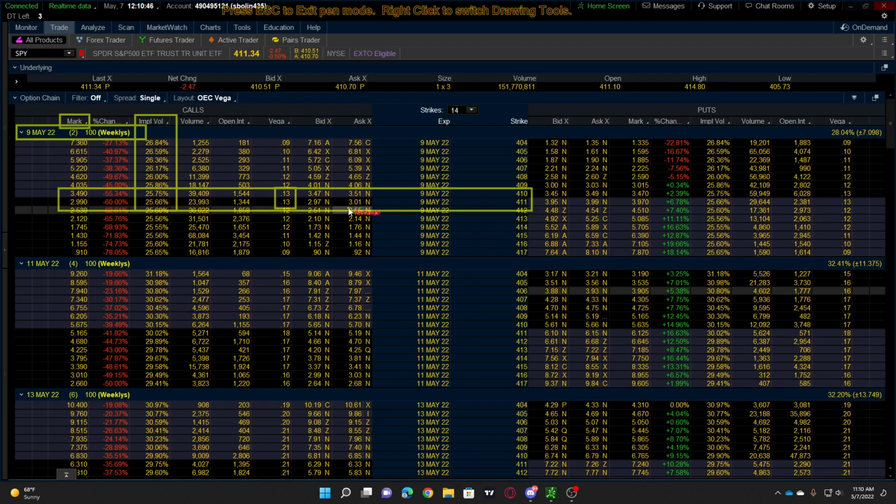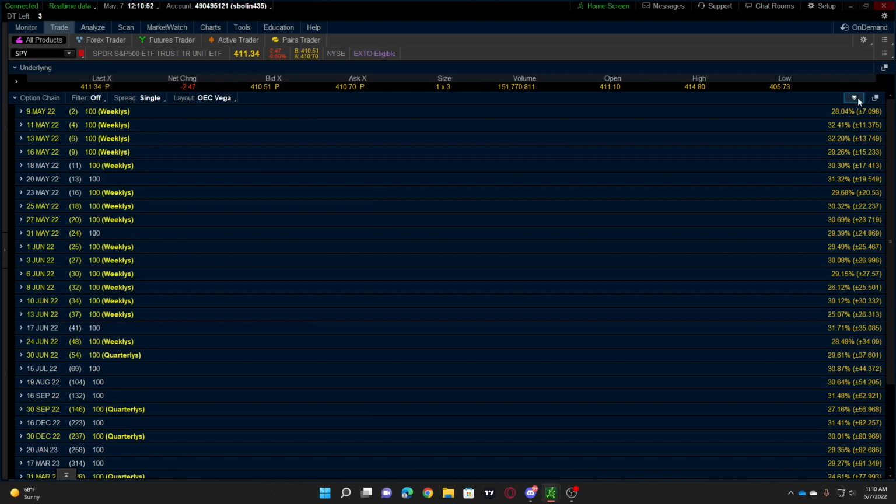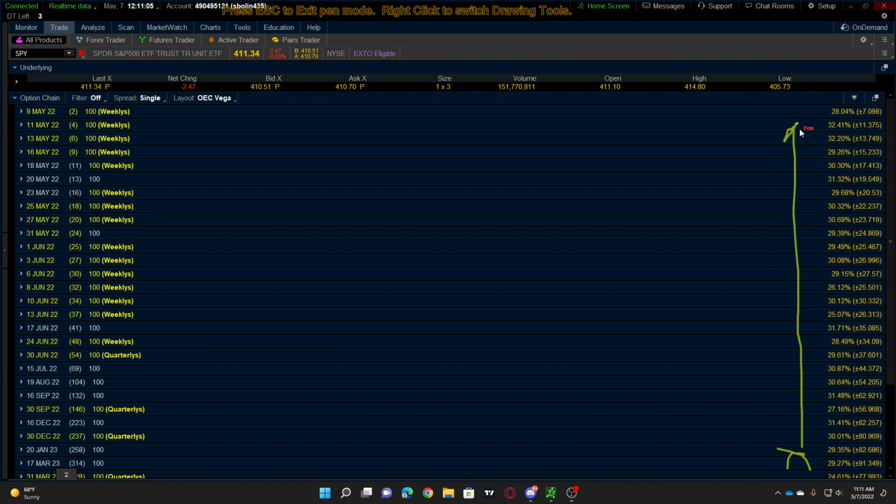In a normal market, under normal conditions, implied volatility, as it's stated within its average here on the options chain, generally runs from a high value down to lower and lower as we get closer and closer to expiration. That's how a normal market runs, right?